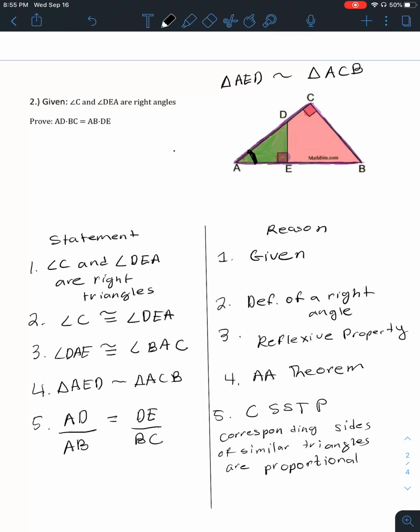So this is a big step here because it helps us so much. Because if we look at step 5, I hope that you see that we can manipulate it in order to get what we want. Because at the end of the day, we want to prove this right here. And I hope that you see if we take AD over AB equals DE over BC, that we can cross multiply both of these and we would get the statement that we wanted to prove.